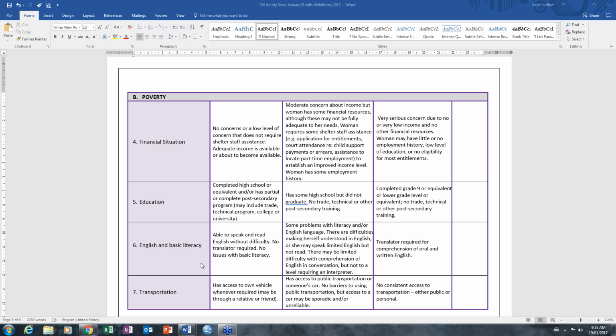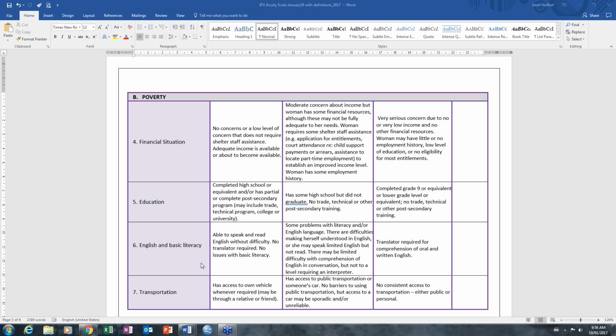Again, why we didn't go by the amount of income on this is based on feedback from directors and staff that sometimes the amount of income is not what determines how women feel about their financial situation. They might have Alberta Works, and some of us might say, well, that's not enough, I would have a significant concern.